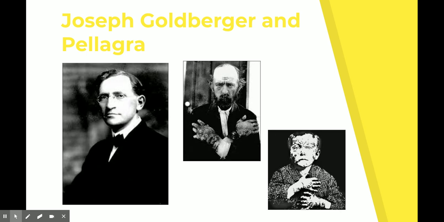It causes things like dizziness, lethargy, running sores, and vomiting. Families struck with the disease often had poor plumbing and sewage, which led many physicians to conclude that pellagra was transmitted by poor sanitary conditions. However, Dr. Goldberger, who was the Surgeon General, thought that the illness was caused by an inadequate diet.